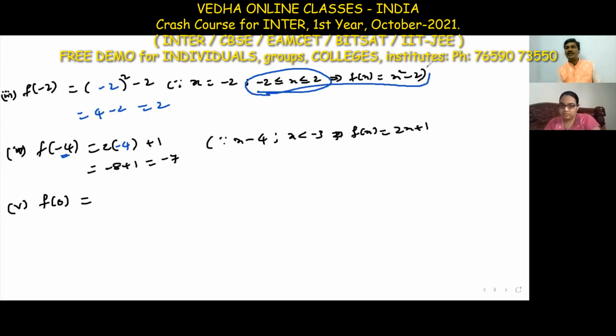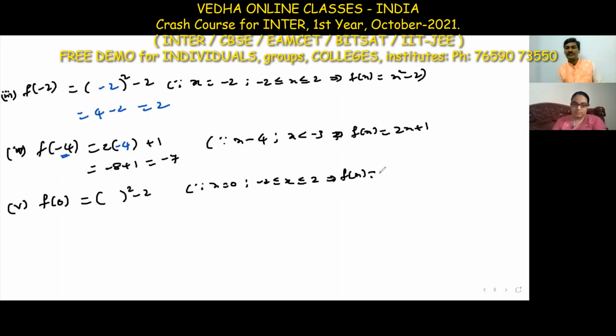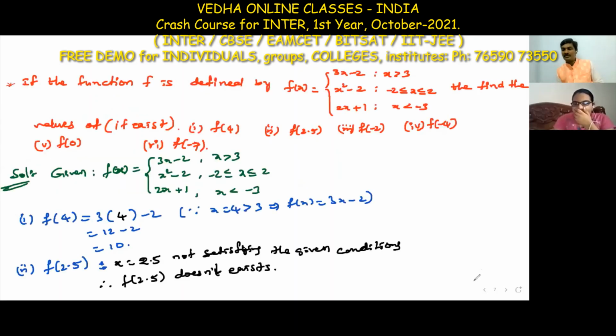So we can take the same function again, x square minus 2, since x is equal to 0 satisfies -2 less than or equal to x less than or equal to 2. So f of x is equal to x square minus 2. In place of x we have 0, so 0 square minus 2, that means -2.